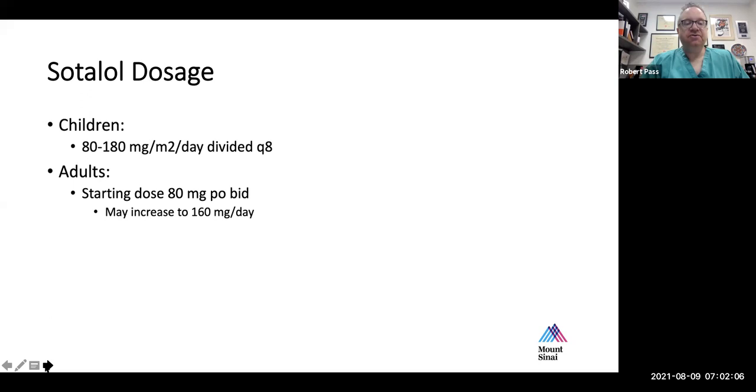The dose in children is 80 to 180 milligrams per meter squared per day. Some groups will go as high as 200 milligrams per meter squared per day. In adults, the starting dose is 80 milligrams PO BID, and it can be increased up to about 160 BID. It also comes as a 120 tablet as well.